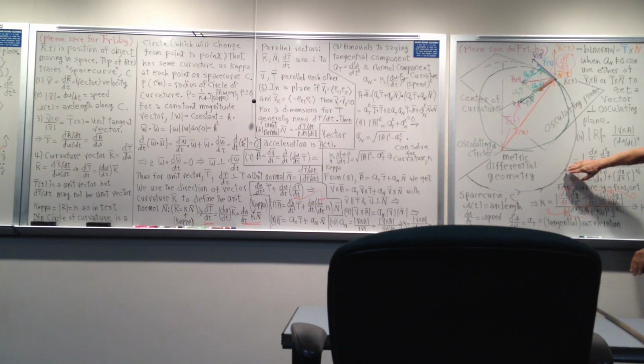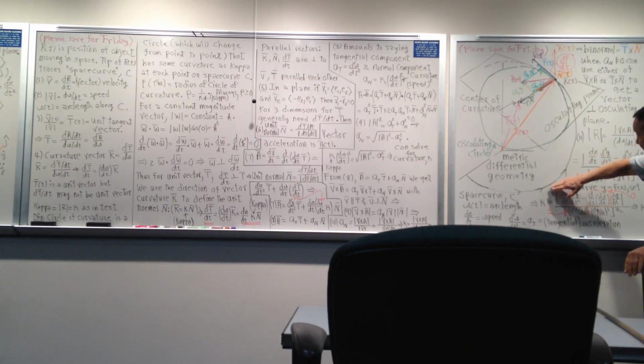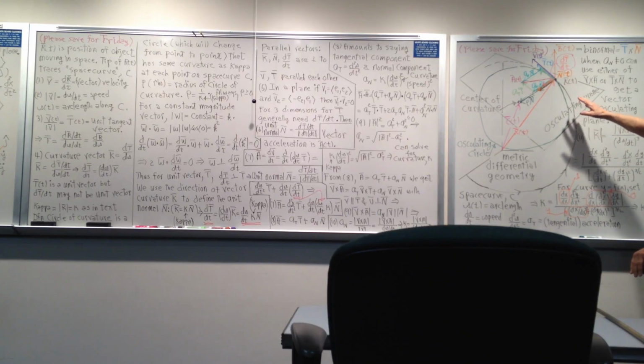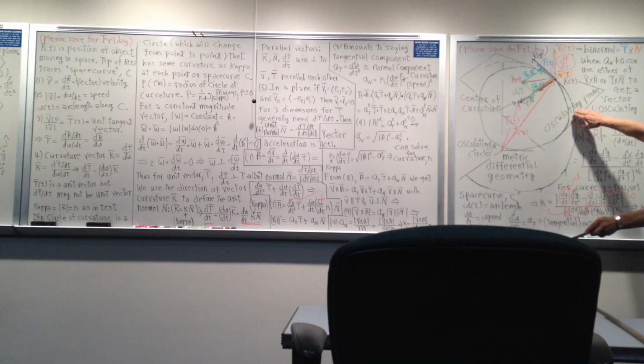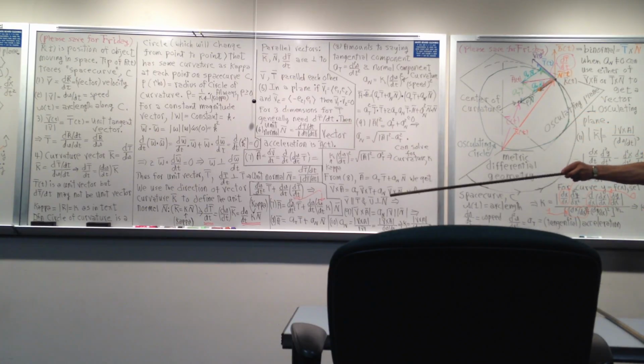But if you're going along this curve, as the arrows suggest, and it's bending the way that I have shown it, then this acceleration vector and the curvature vector are pointing, your left hand, if you were walking along the curve in increasing arc length, would be pointing in toward the center of curvature if you have what we call positive curvature.